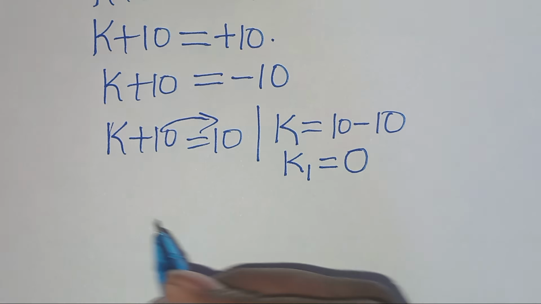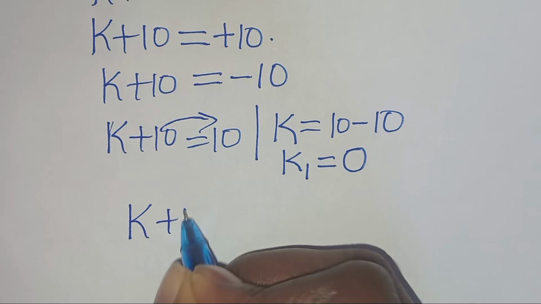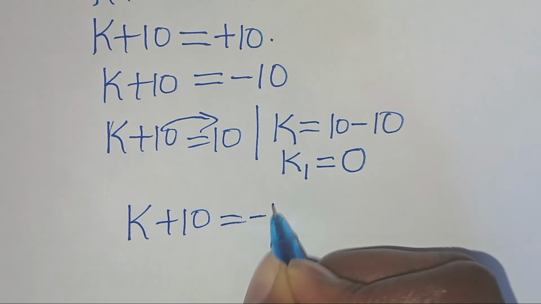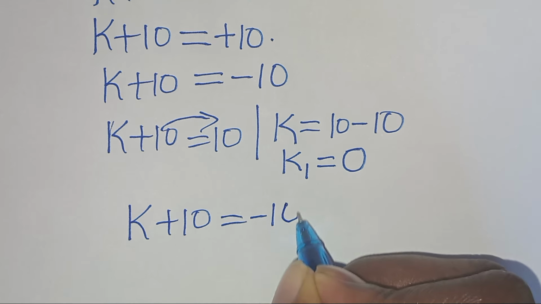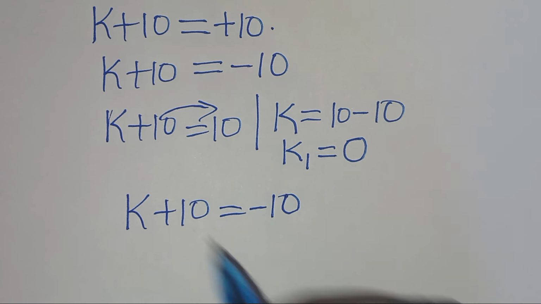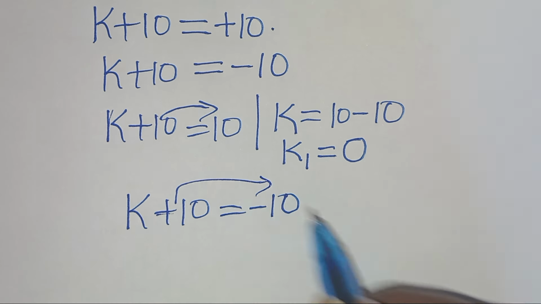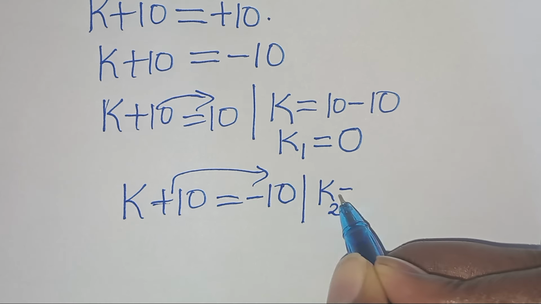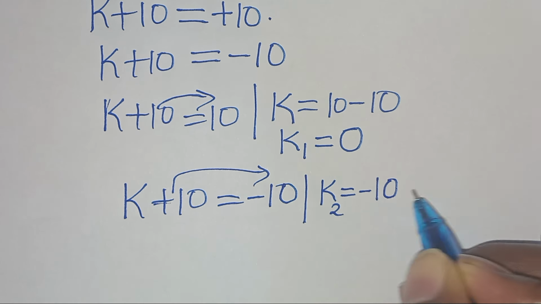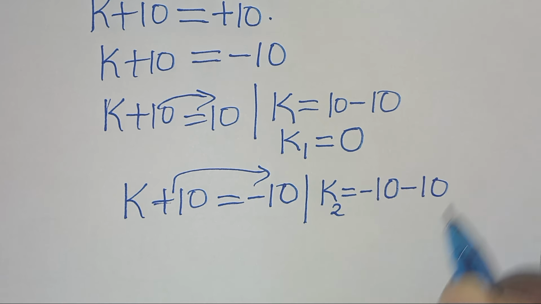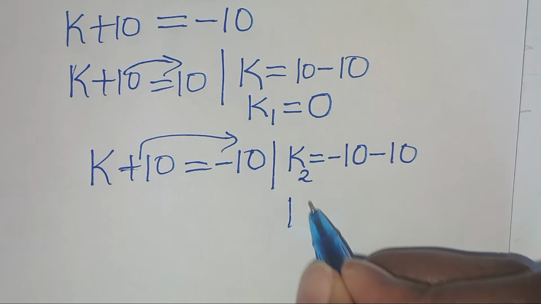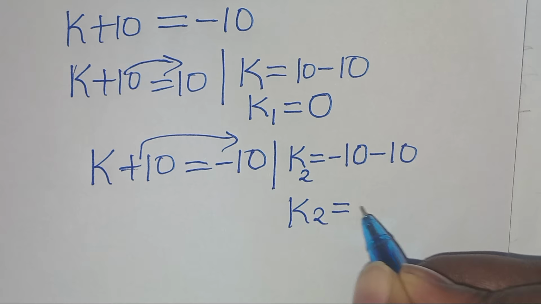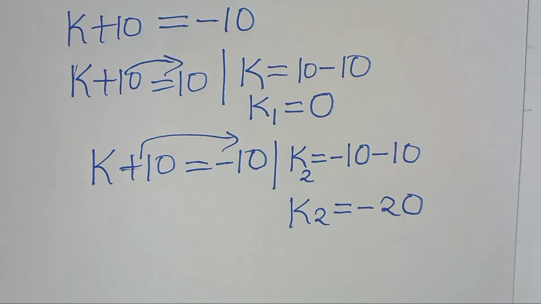The second part: k + 10 = -10. Taking plus 10 to the right hand side, k2 = -10 - 10, so k2 = -20.